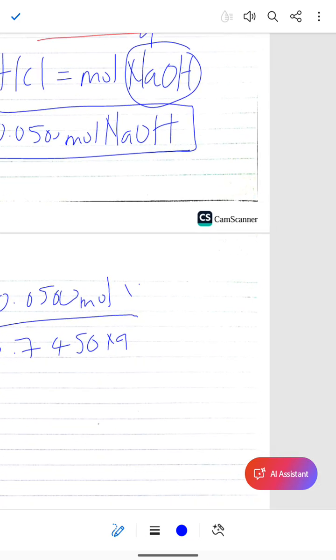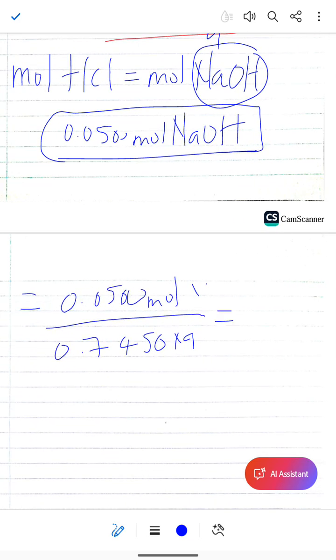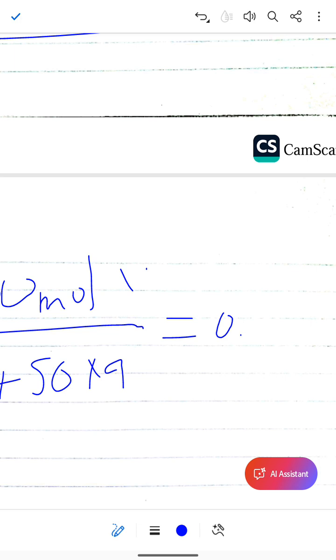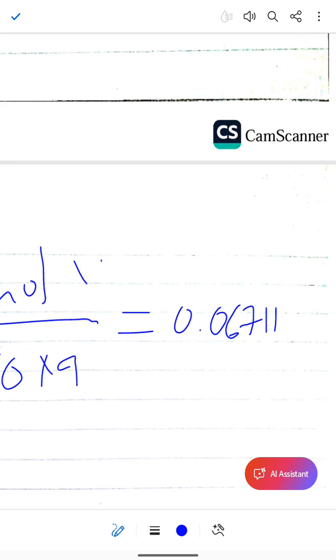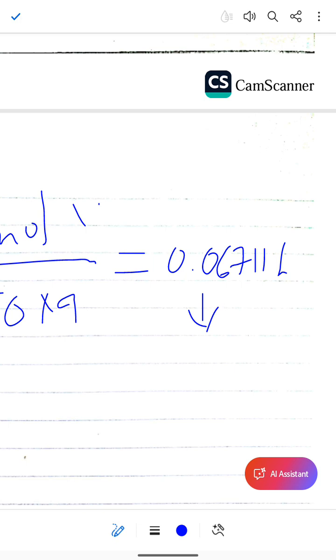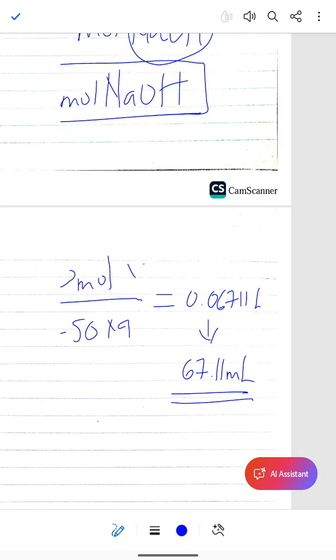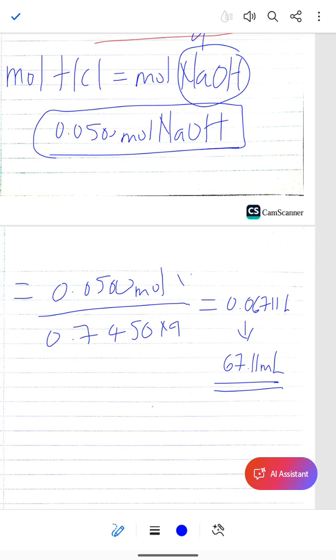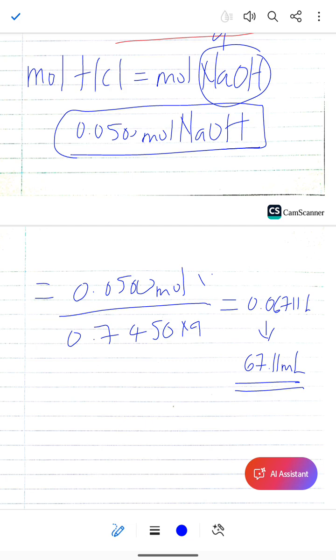This will give me 0.06711 in liters, and then I can convert it to milliliters, since everything we're given in the question is in milliliters. So this is 67.11 ml. This will be the answer for part A.